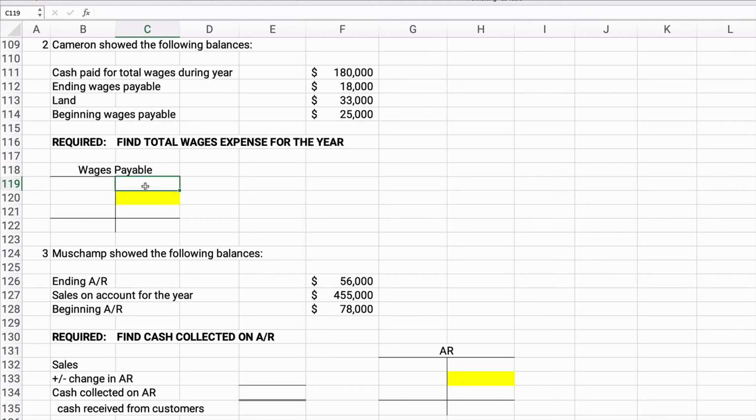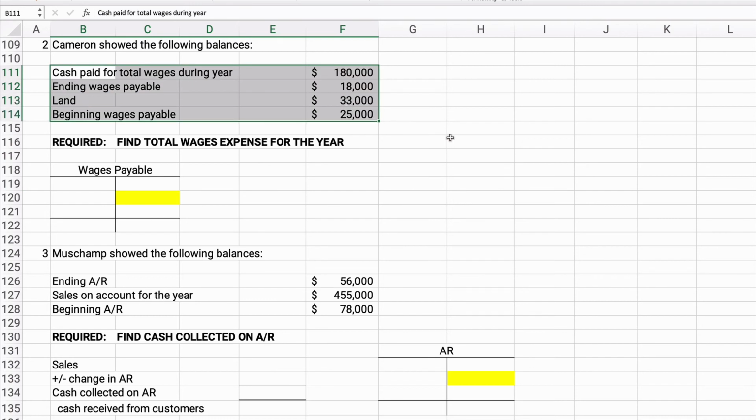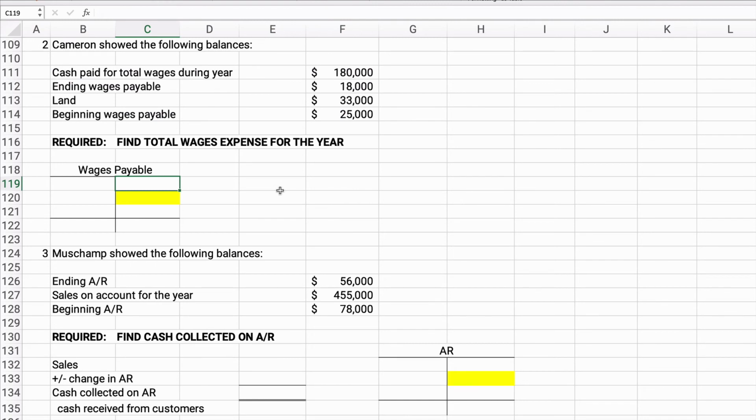All right, let's look at the Cameron problem. Let's say cash paid for wages for the year is $180,000. The ending wages payable is $18,000. The beginning wages payable is $25,000. And land obviously is not going to be affected in this problem, so we can ignore that side of it. Beginning wages payable is $25,000.